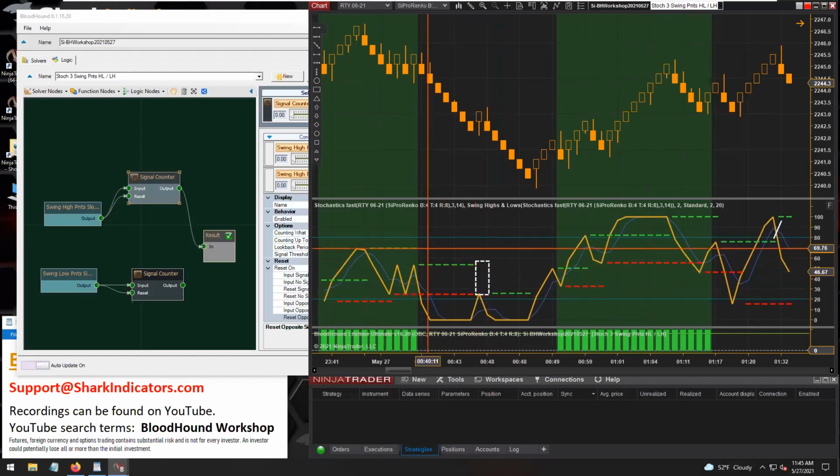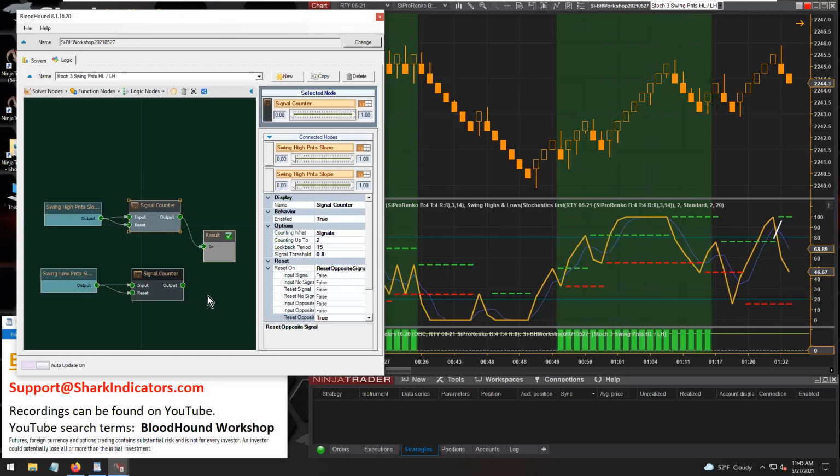That's tricking the slope solver into thinking that the swing high plot is stepping up when it's not. All right, carrying on here.